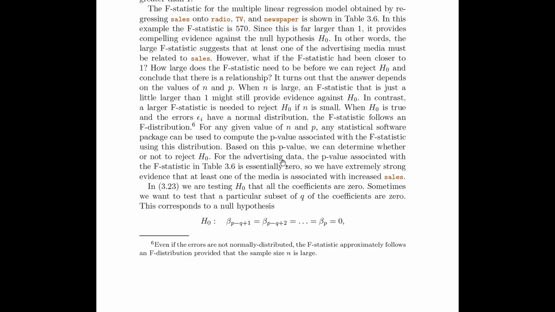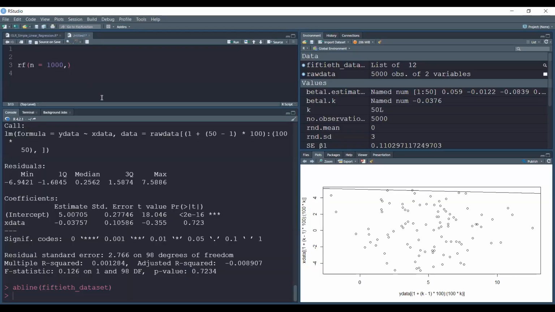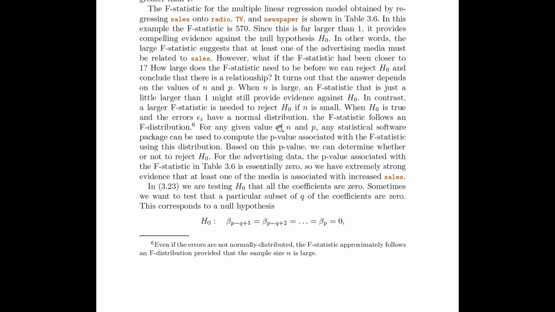Based on this p-value, the p-value is calculated using the F distribution. Let's have a look at the F distribution. Now, which parameters to take? If the book is telling us which parameters, I think it's just these two: the n and the number of predictor variables.